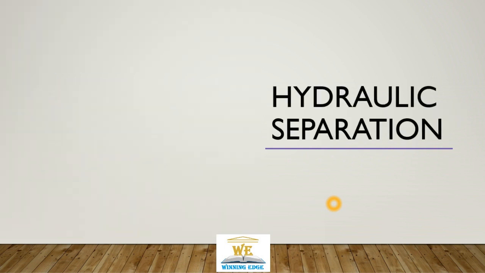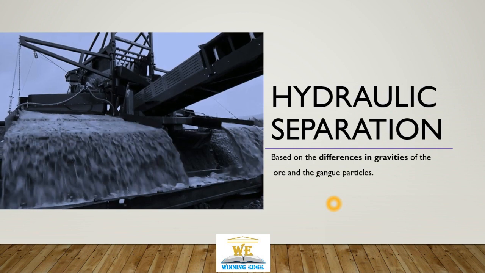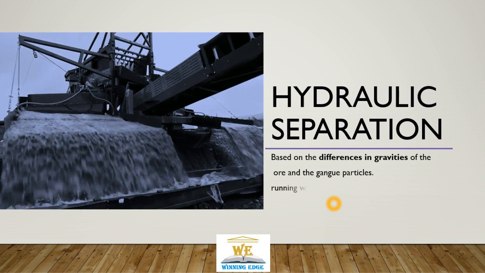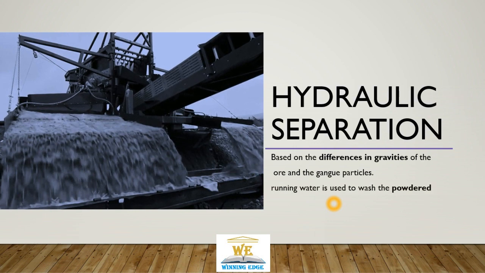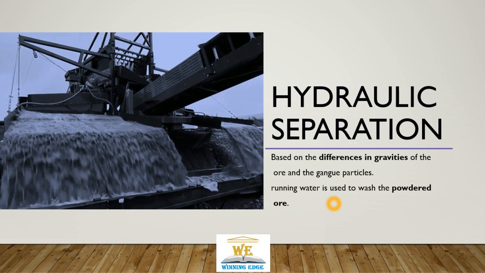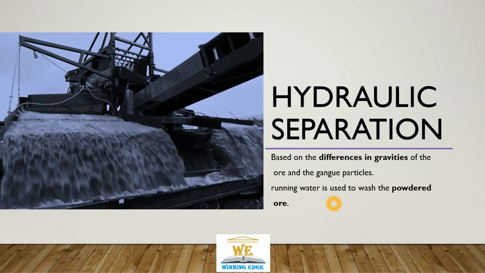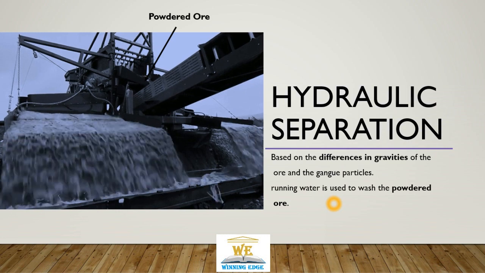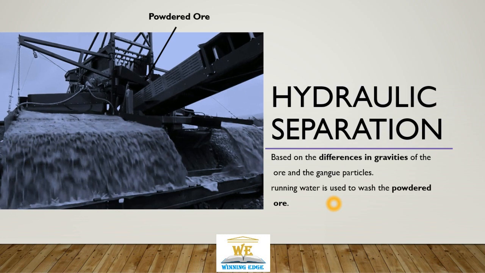First, hydraulic separation, a concentrating technique. It's based on the difference of densities, which affects the gravitational effect. It's a wash plant, at the top of which we use running water to wash away the lighter impurities, and powder ore is fed from the top.